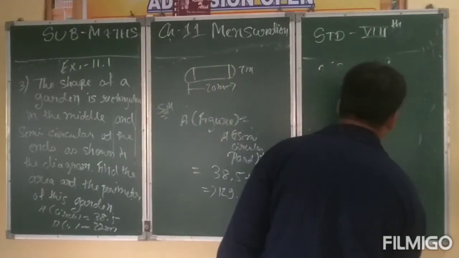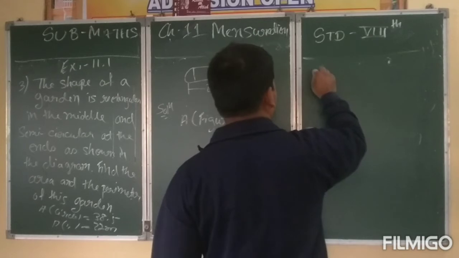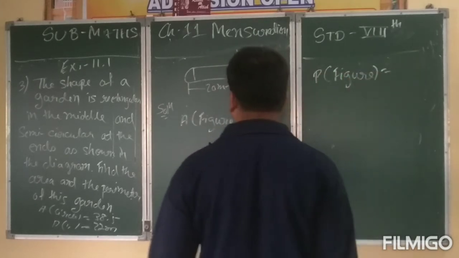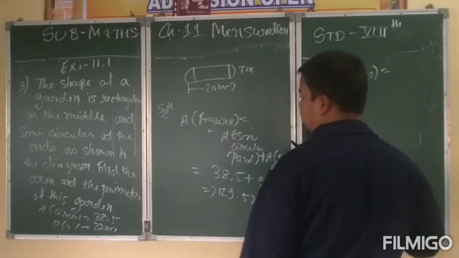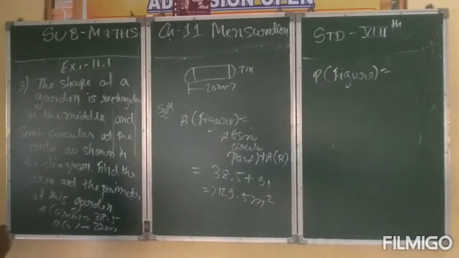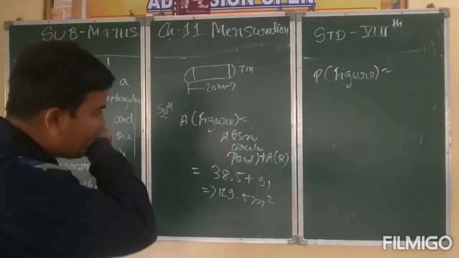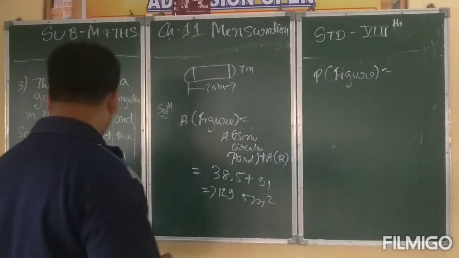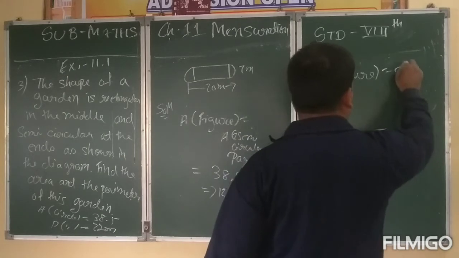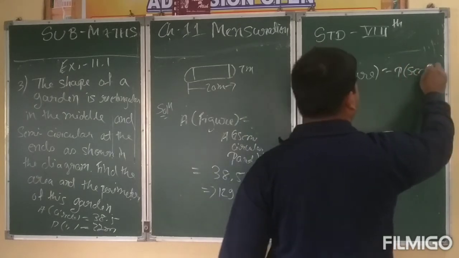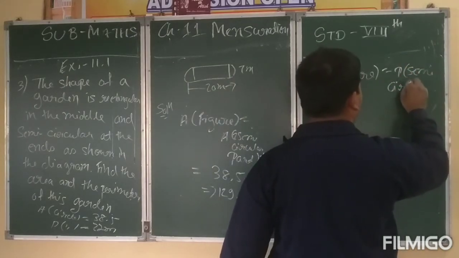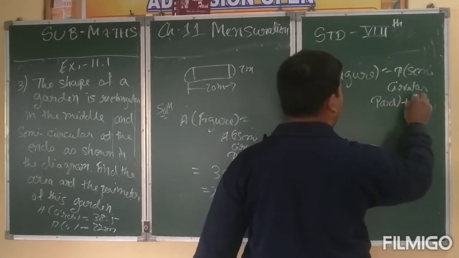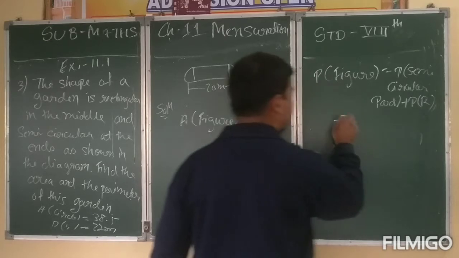And perimeter of the figure is the perimeter of the semicircular part plus the perimeter of the rectangle part.